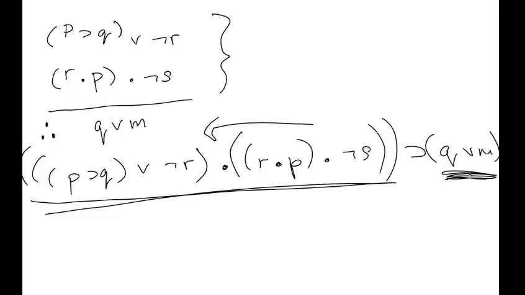Here's the conclusion joined together with the conditional. Then we'd run the truth table on this and determine whether or not this came out valid.